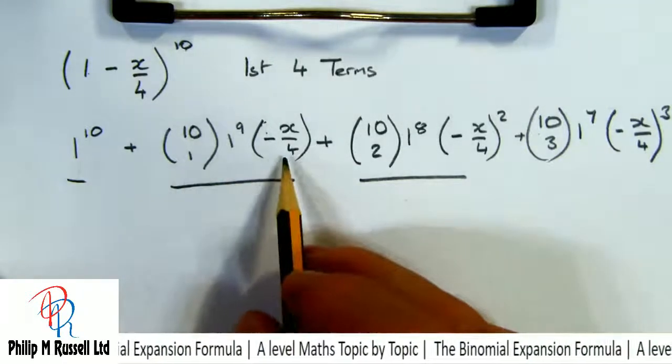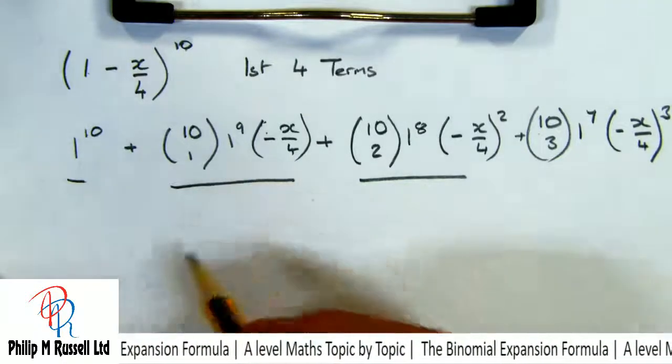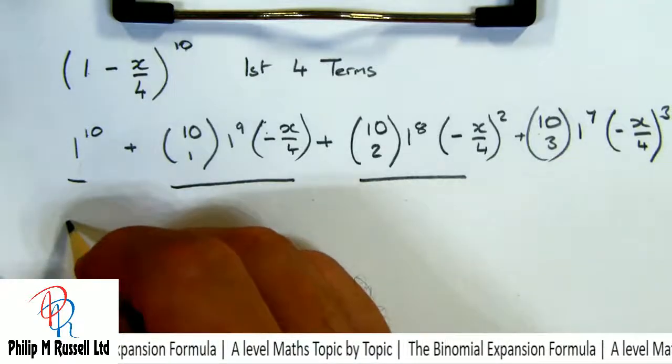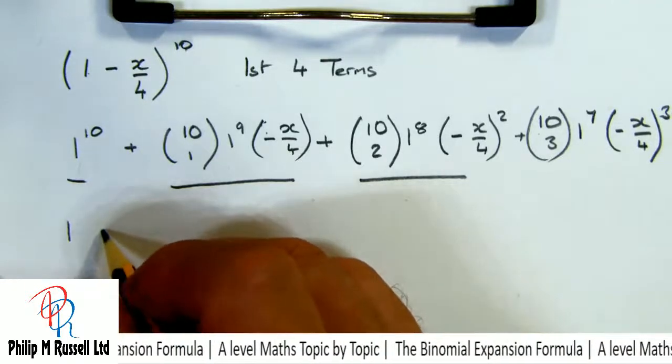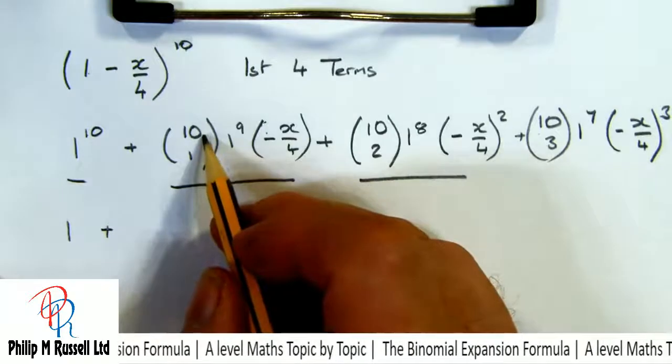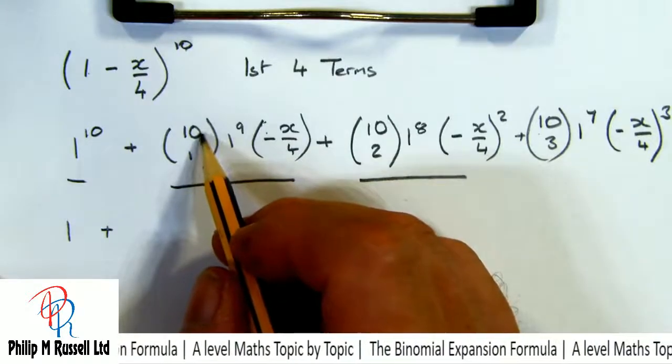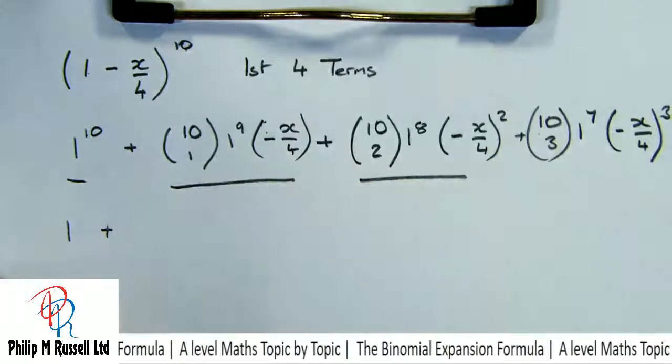Then what we've got to try and do is just simply work these out. So this is going to be 1 plus, can you guess what this number is going to be? 10 to the 1.